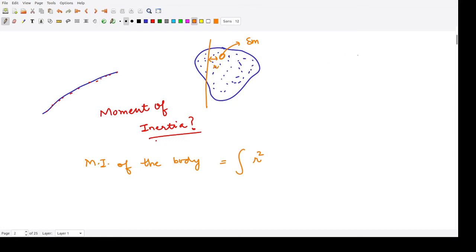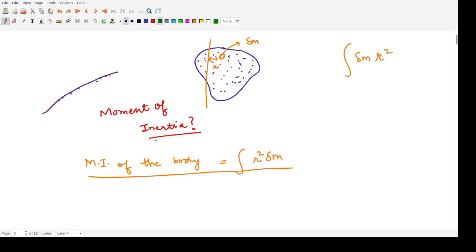So the moment of inertia of this small portion would be delta m, the small mass, into r square. This is for one particle. But how many such particles are there? They are infinite in number. So what we do is take the integration of this. We have r square into delta m as the moment of inertia in this case. That would be the moment of inertia for the whole body.